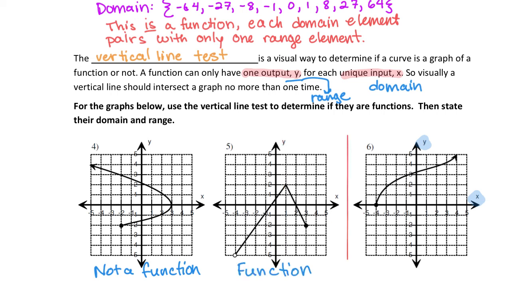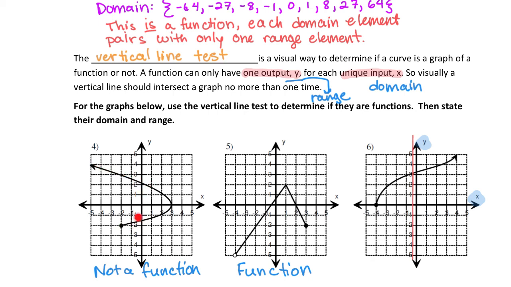Before I try this last one out, I want you to see it. What do you think? Do you think this last one is going to be a function or is it not? Hopefully you said not. So as I drag this line across, once again, you can see it's only going to ever hit one point. Basically, I'm looking to see, if we take a look at number 4, it kind of folds onto itself.